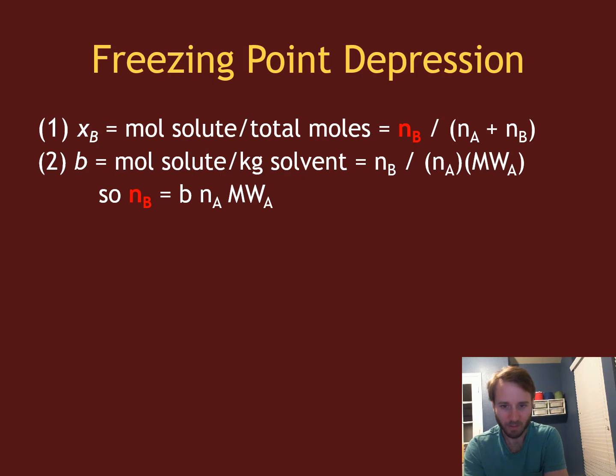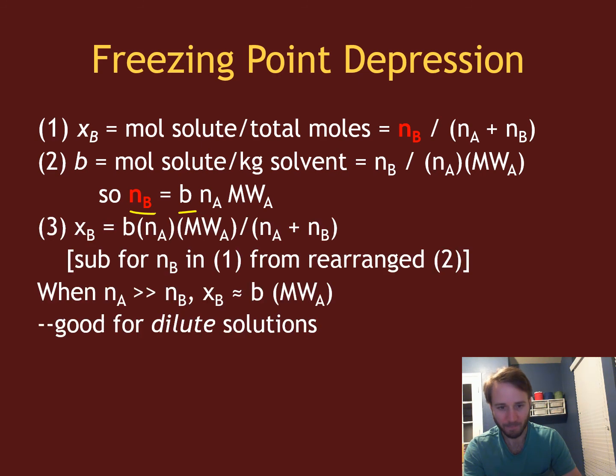Okay. And just to note how you convert to get the things in terms of the solute: the number of moles of B is related with the molality of B. So the number of moles of B is the molality of substance B times the number of moles of A times the molecular weight of A, okay?